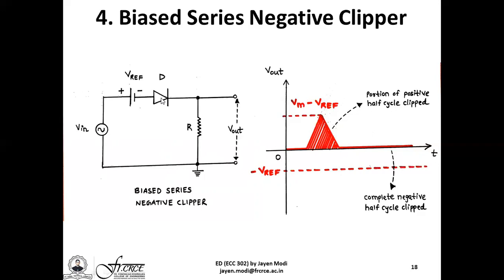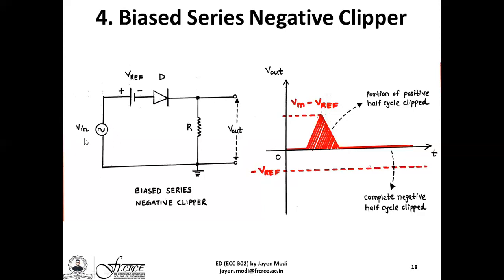So the diode does not turn on for a small amount of time, till the AC input signal Vin becomes sufficiently high to overcome the reference voltage Vref. Till the amplitude of the positive half cycle of Vin is less than Vref, the diode is under the reverse bias condition.